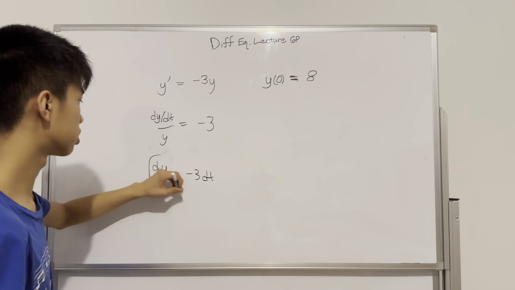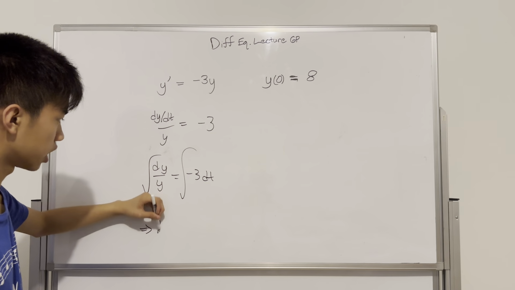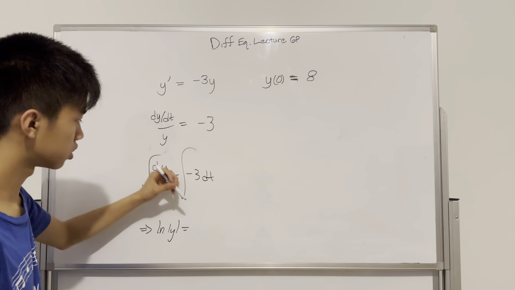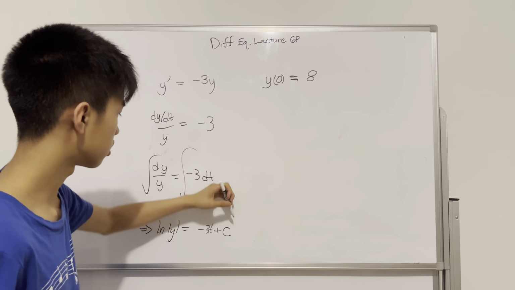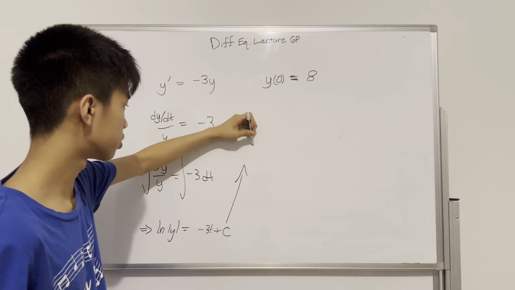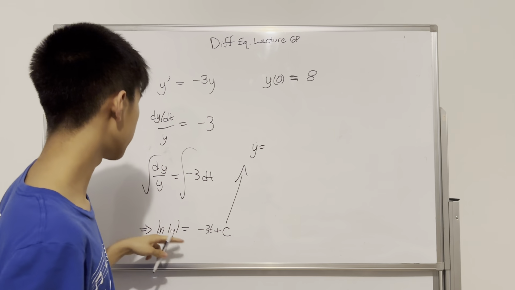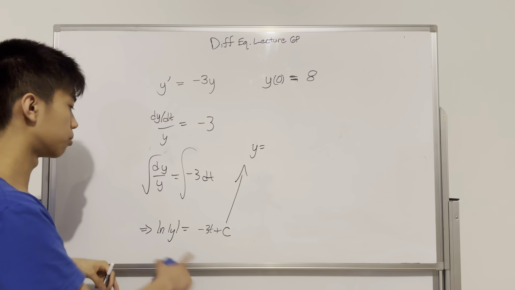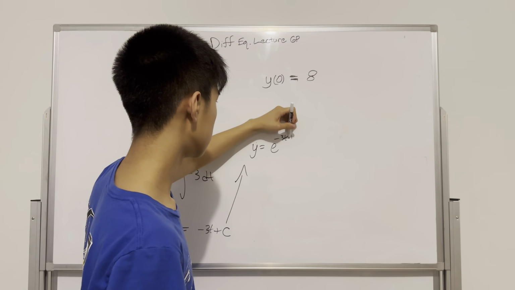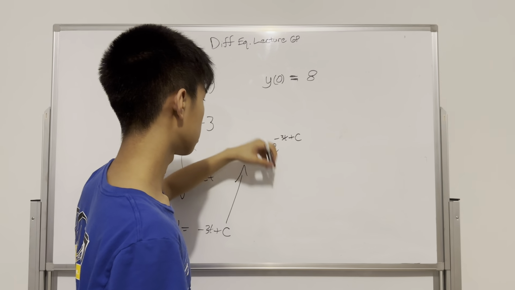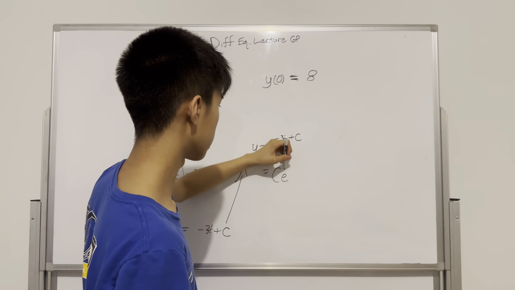Then we can integrate both sides. ln y equals negative 3t plus c. So then this becomes y equals, you raise e to the power of both sides, so we have e to the negative 3t plus c. That's c e to the negative 3t.